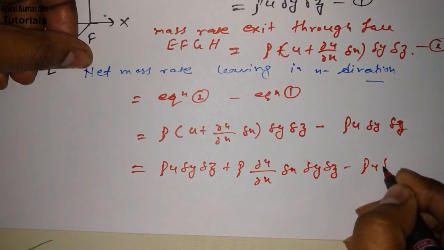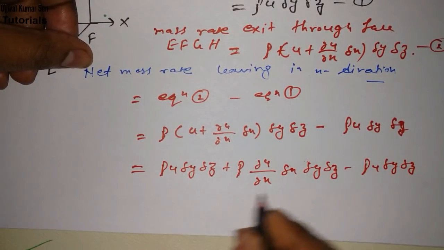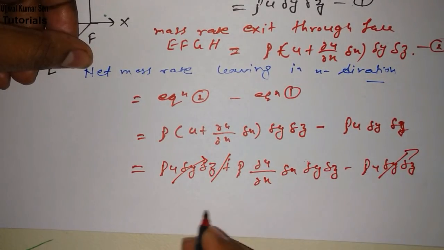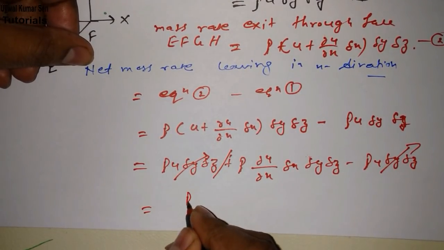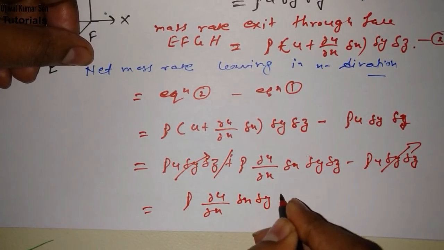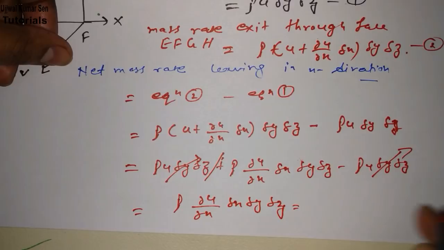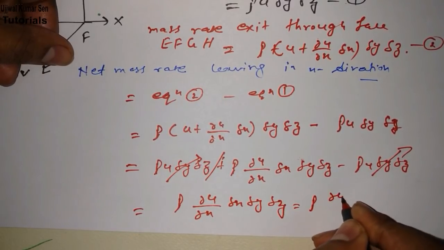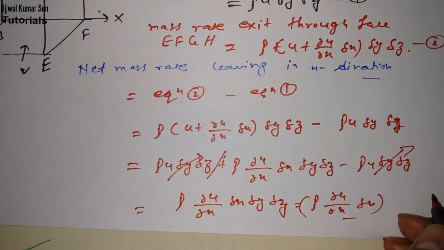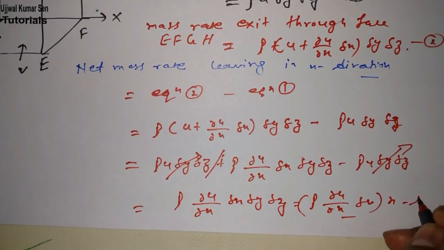This is the net mass rate leaving in the case of the x direction only.